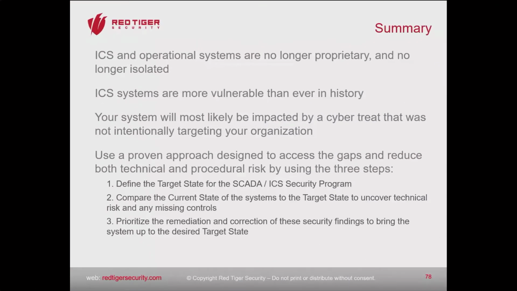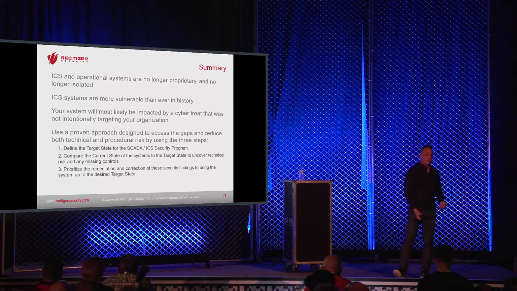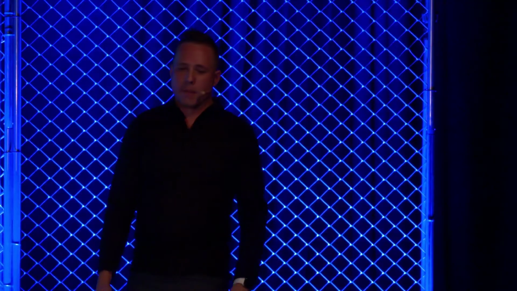So in summary, ICS operational systems are no longer proprietary, as we talked about in the first part of the presentation. ICS systems are more vulnerable now because they look and feel more like IT systems. And your system is probably going to be impacted by either malware or a threat actor that was not intentionally targeting your system.